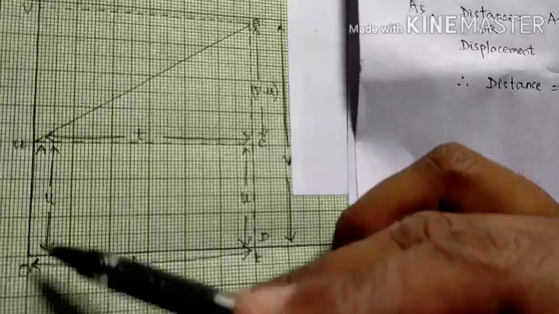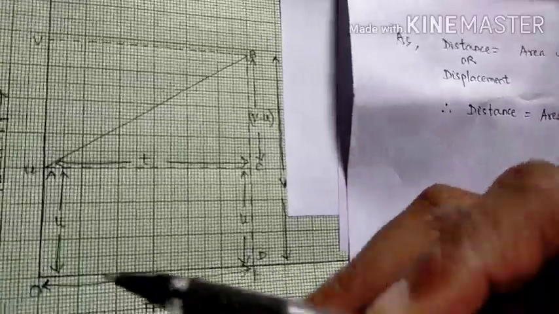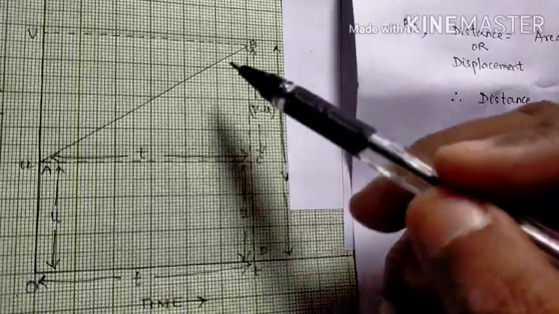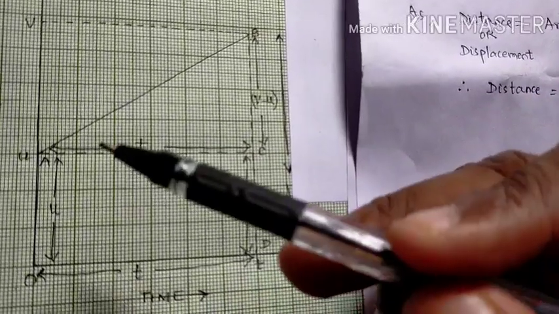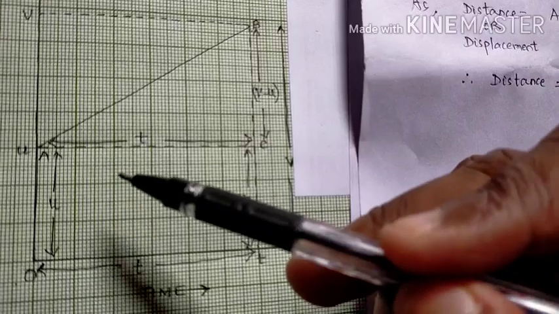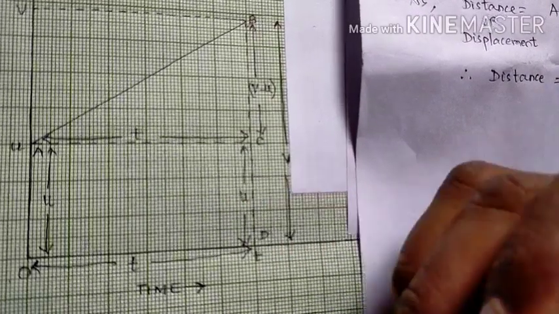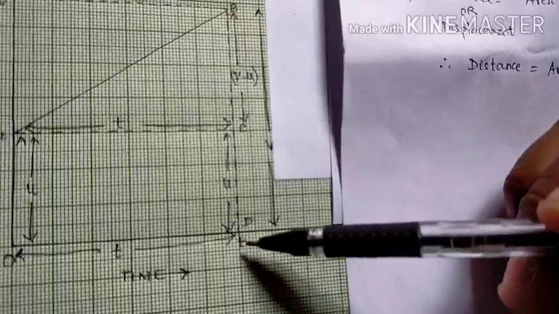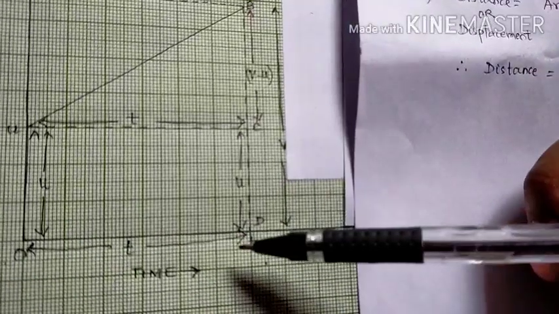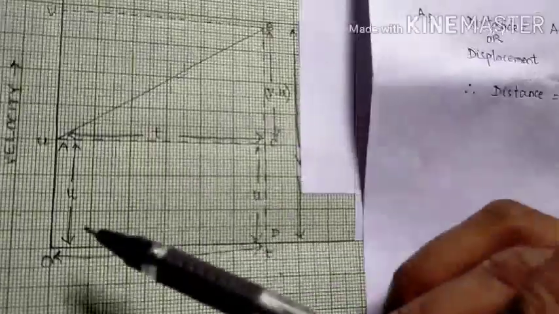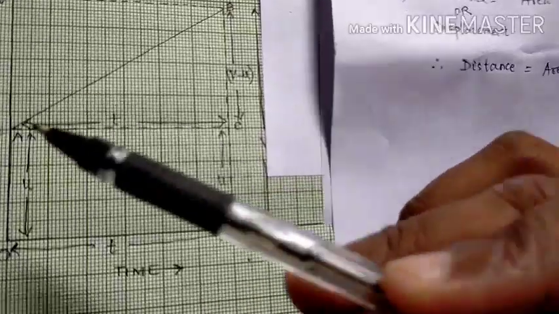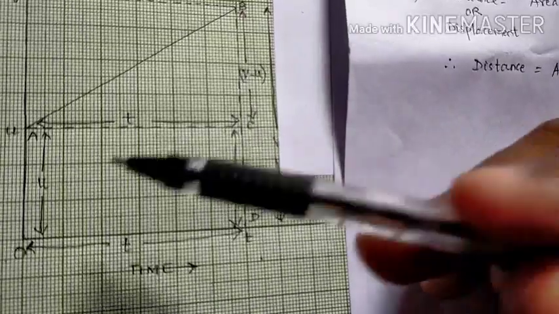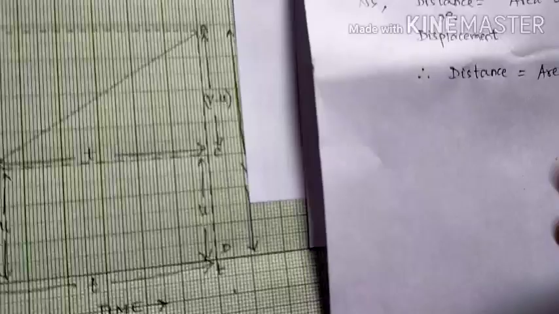Now area of a trapezium is given by the formula half into sum of parallel sides into height. Now in this diagram, what are the two parallel sides? The parallel sides are OA and BD, and the height is OD.